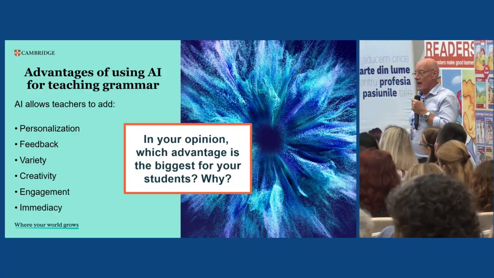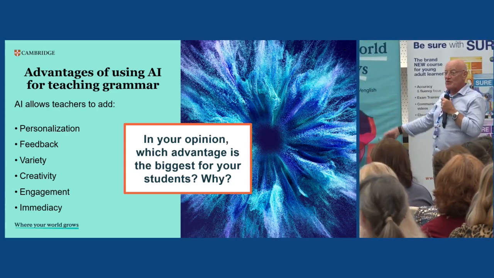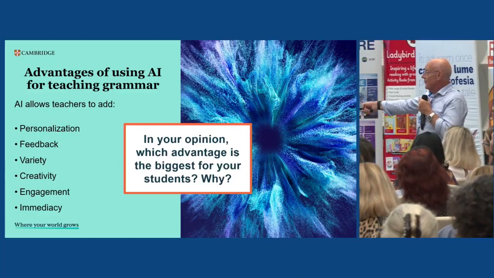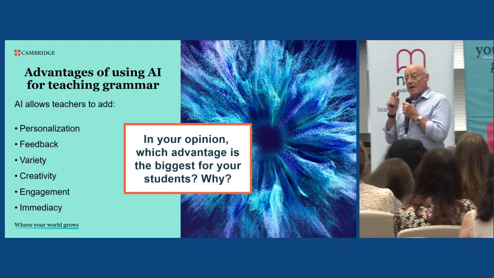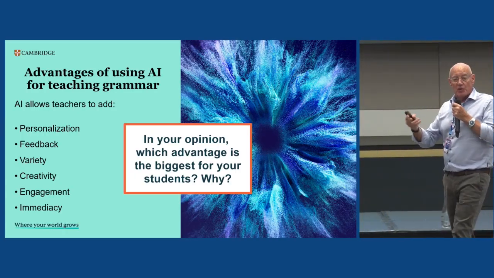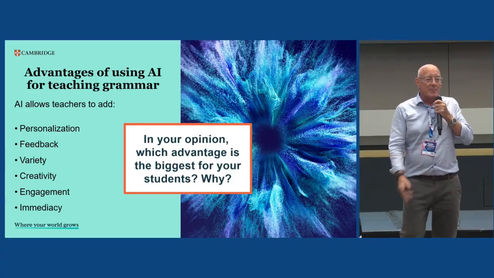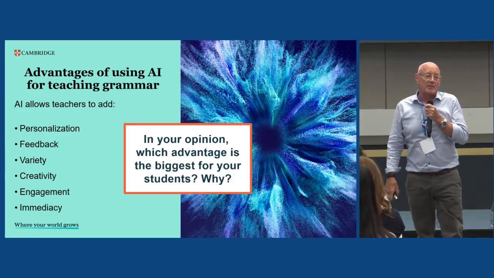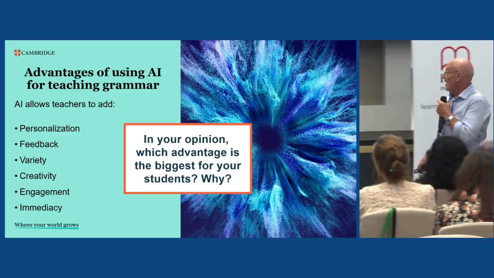Immediacy. I like that. Yeah, I'm with that. I'm not saying there's only one answer. Of course, you can have whatever you want, but I think the fact that you get that immediate response to what you're doing. And remember, as a teacher, if you've got 20, 30 students in the class, you can only be immediate with one student, and all the rest are twiddling their thumbs. But AI will give everybody immediate feedback.